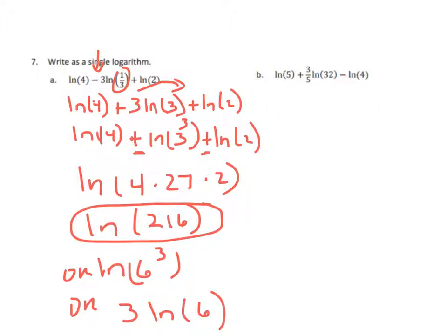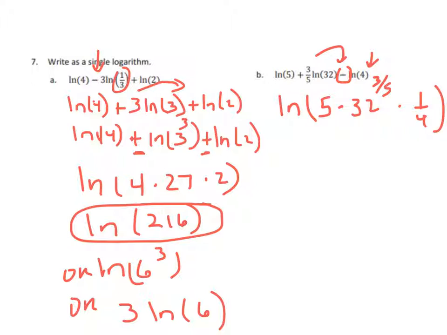Now, you're also welcome to do a shortcut on that one. Like this one here, I could do, hey, it's the natural log of 5 times 32. Remember, this goes up on top, so raised to the 3/5 power. And then the minus 4 here, the minus sign, and we can flip the 4, so times a 1/4. And then I don't have to write out all the pieces like I did there.